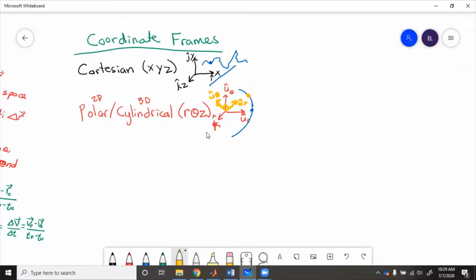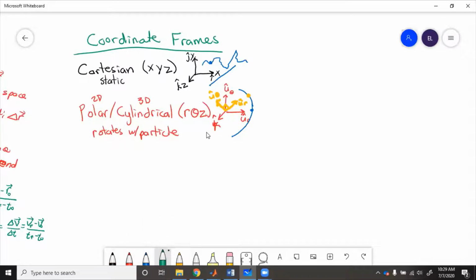Now, because this frame is not static, polar rotates with the particle. The z vector is constant, but the ur and the u theta are going to rotate. The Cartesian one is static. That frame doesn't move no matter what.